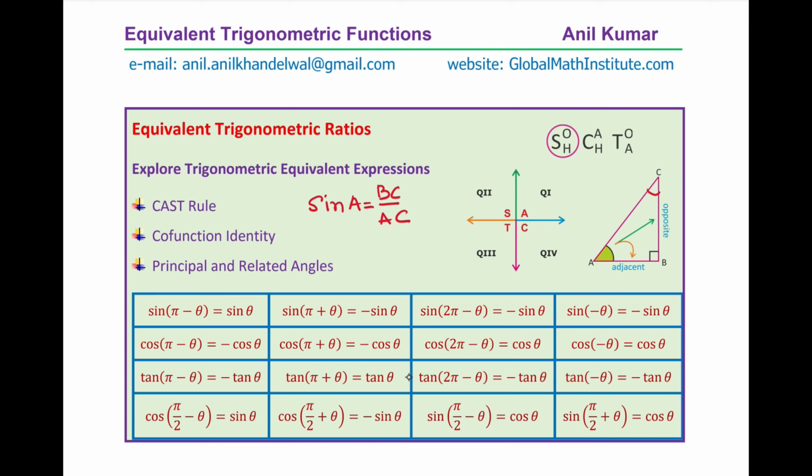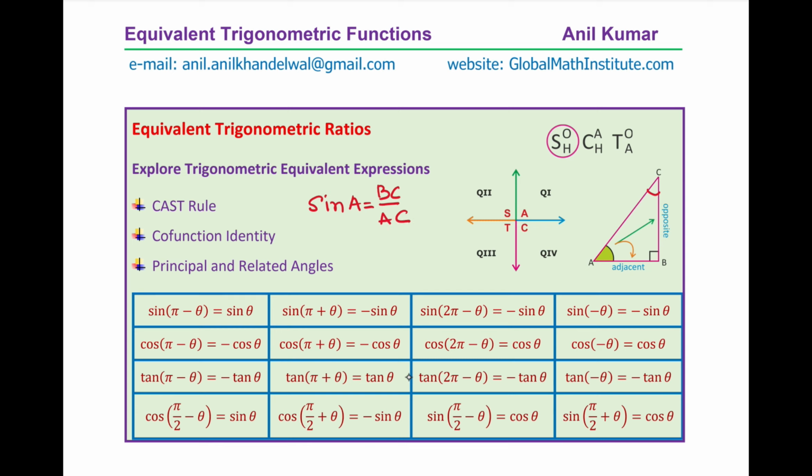These are called cofunction identities. And the reason is that angle C is pi by 2 minus angle A. So when you relate the angles in right angle triangles, we get cofunction identities. That is the concept. I hope this is absolutely clear.